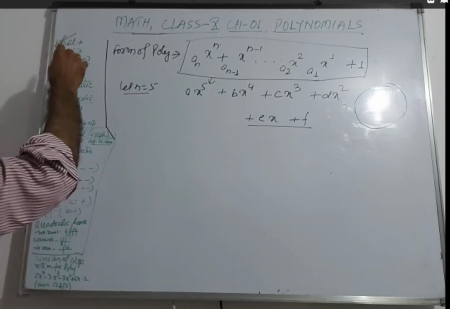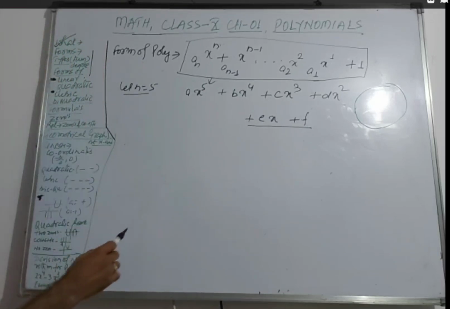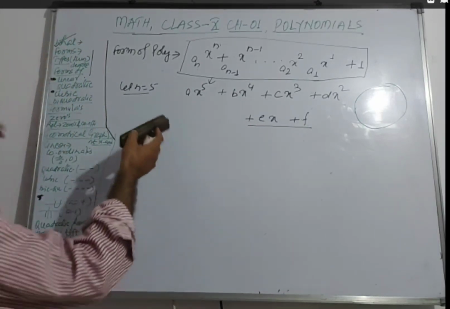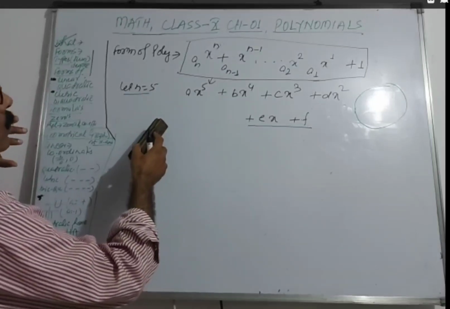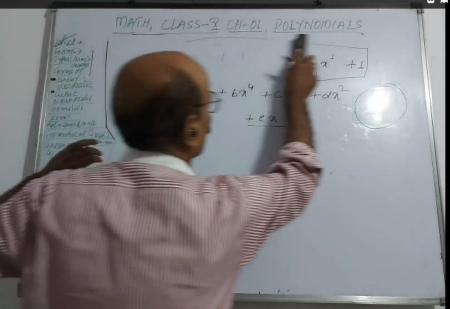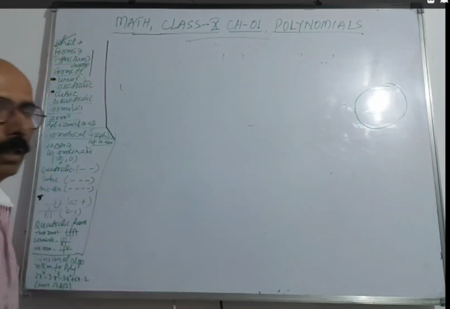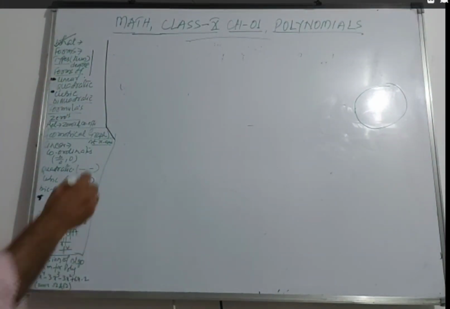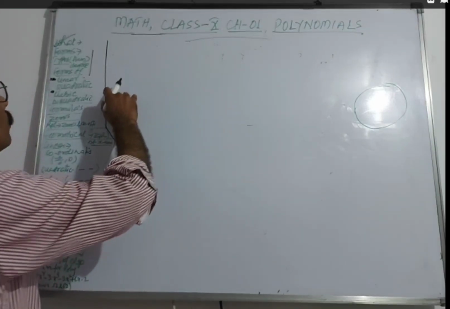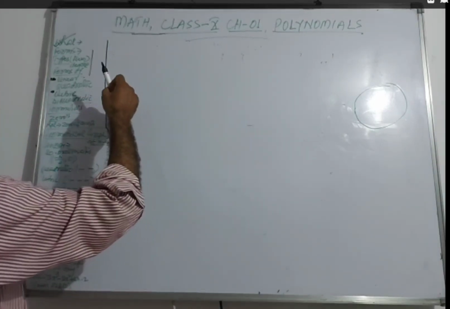Suppose first we come to type of polynomial. Again we will go to the form, but in between we should discuss the type of polynomial that we already know. Just I am reminding you.